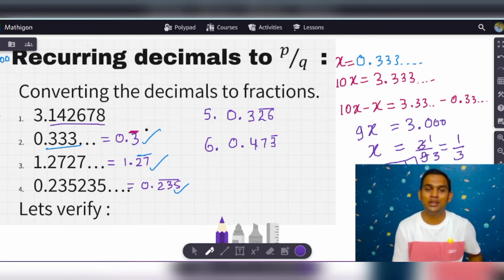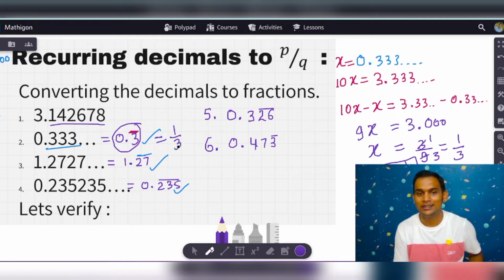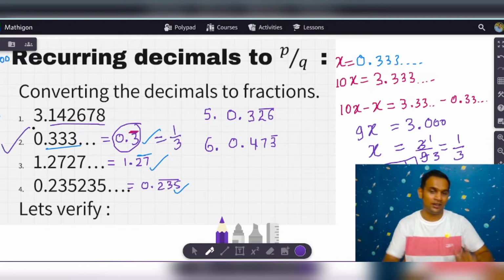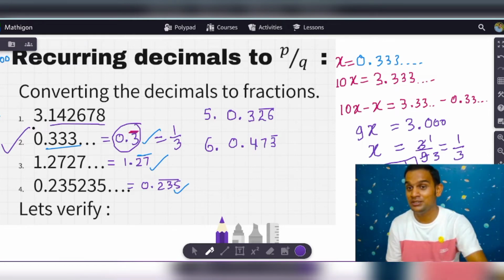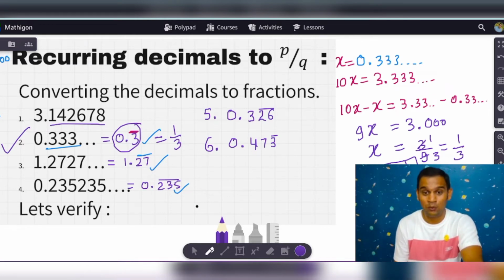Since 0.3 bar can be represented as 1 by 3, this is a rational number. I hope the process makes sense. Still, the reason is not clear. Why are we multiplying by 10, and in the next question by 100? Now the reason will become clear.